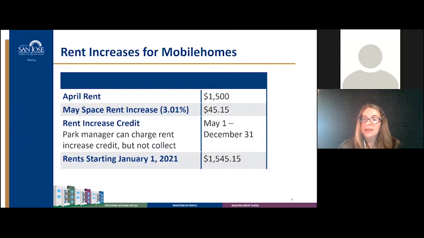And in this example, the anniversary date is in May. And so what will happen is that in the coming May 2021, the park owners may move forward again with their annual rent increase. So I just want to be clear that there are some differences between the apartments and mobile homes, and this is the most significant difference for us to all understand.